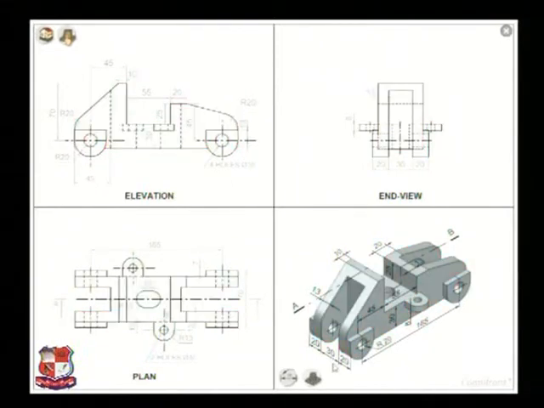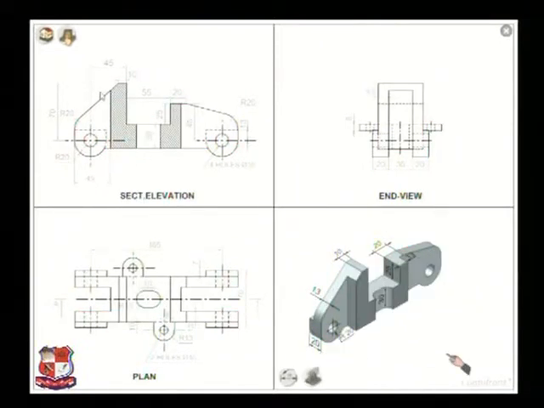If I cut this portion and remove this, then this will become a full line and section lines are to be represented like this. And here some space is there, material is not cut, hence this portion remains without the section line. Here also material is not cut, you can see, so section line is not there.